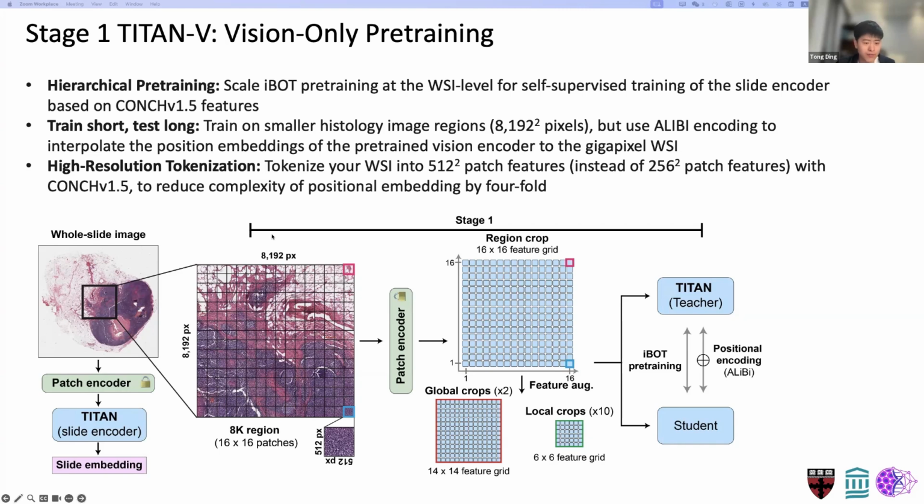In addition to that, to learn the context between the patches, we use a positional encoding called ALiBi, which was originally proposed for large language model training. It is known to work well for extrapolating your sequence length to a longer sequence at inference time.